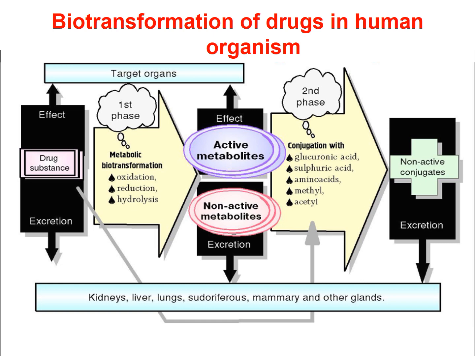The first phase is performed due to the reactions of oxidation, reduction, and hydrolysis, which mainly happen in our liver, in hepatocytes. A variety of different enzymes are involved in these reactions, but the most important are the set of enzymes called cytochrome P450, which perform the reactions of oxidation of different drug substances.